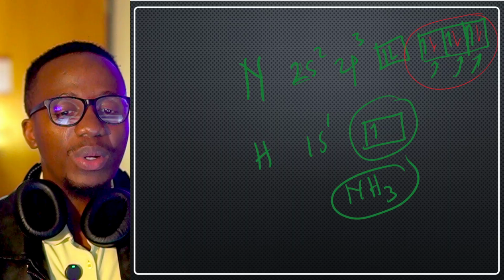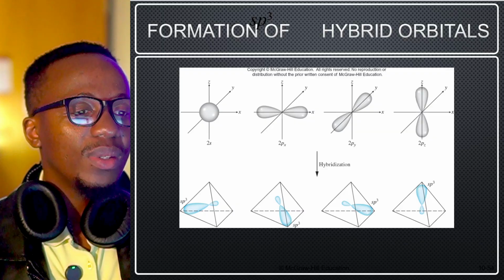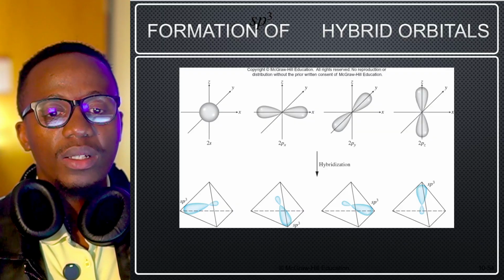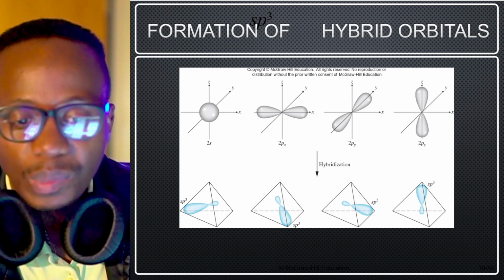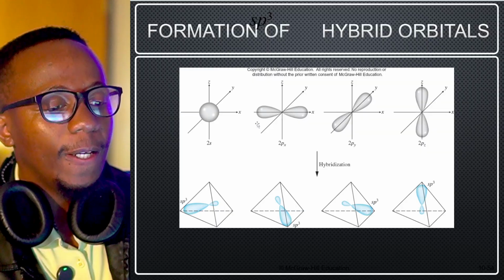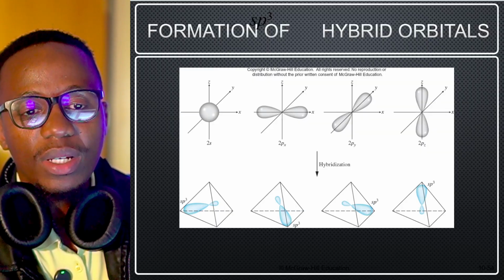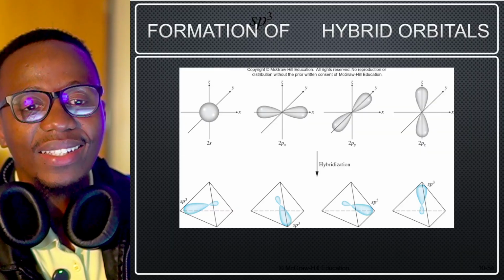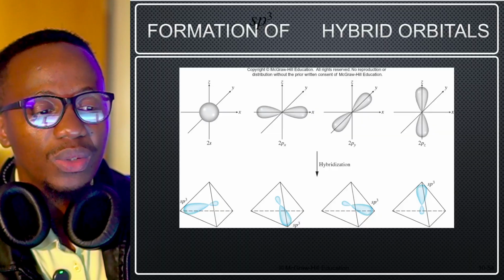So these are what we're going to see, and you can do it with CH4 as well, right? So this is sp. I'll talk about that in a minute. This is CH4. We can hybridize, right? So if you remember, carbon has 4 electrons on the outer layer.